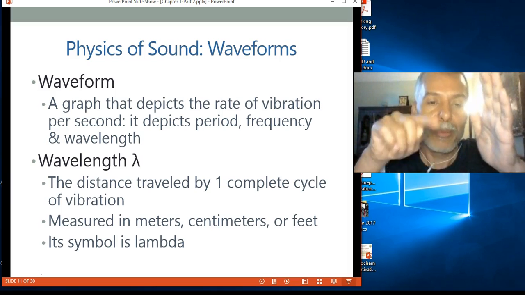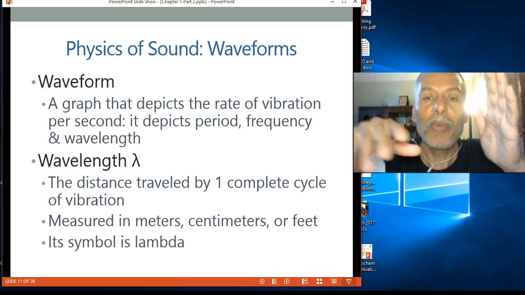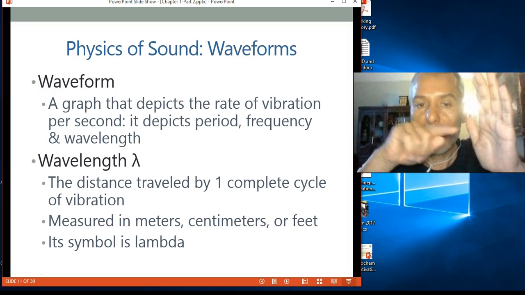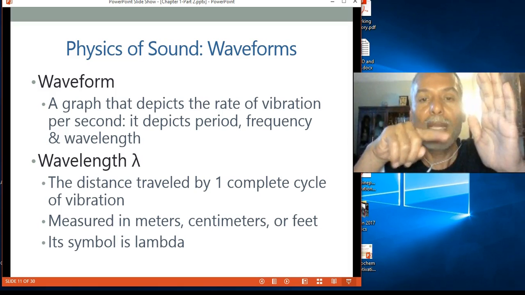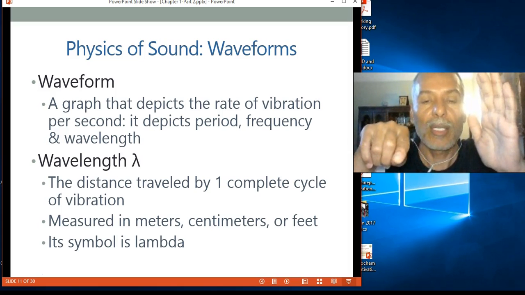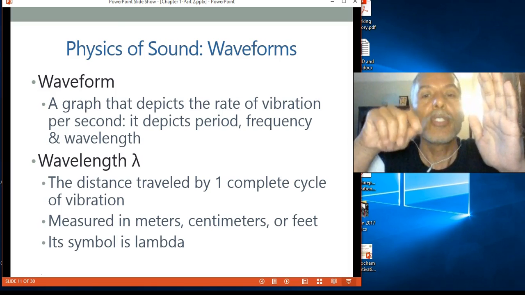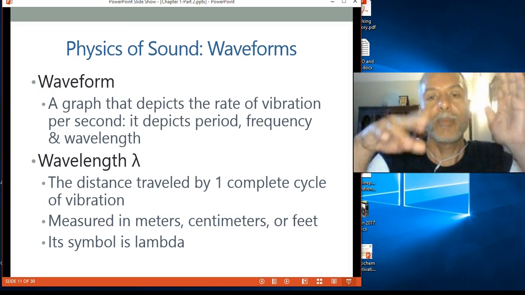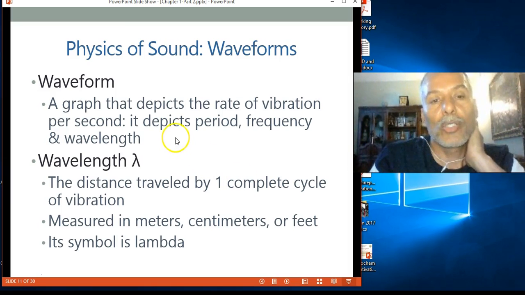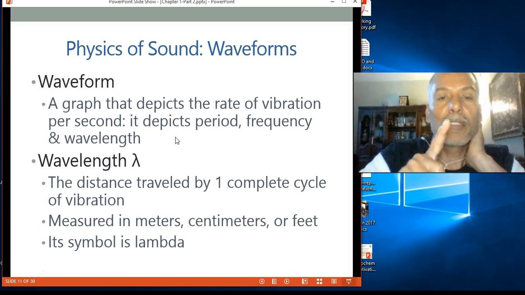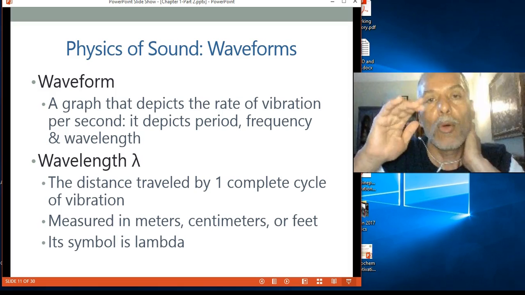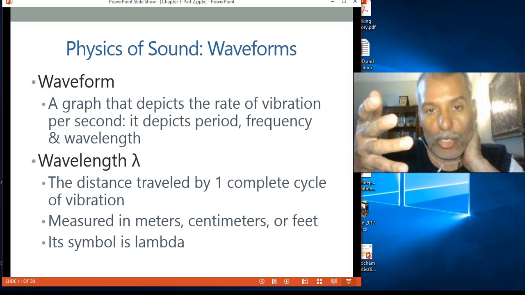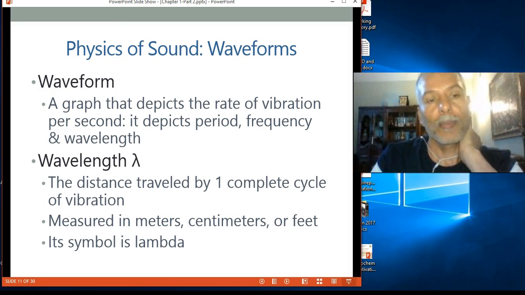If you know one single cycle, you can figure out how many can occur in a second. So the horizontal line gives you the period, the time it takes to complete the wave, and it tells you how many waves can occur in a single second. And it also gives you the wavelength, the physical length of the wave, how many feet or how many centimeters the wave is, in addition to the vertical line that gives you the point of displacement or the amplitude, or as we know, the amplitude is measured in decibels, loudness.